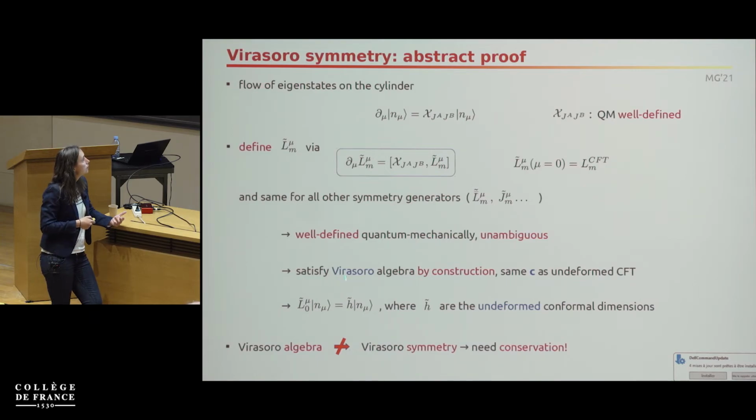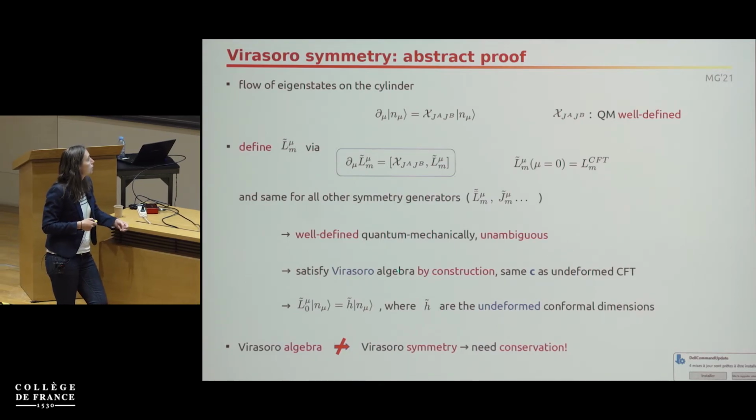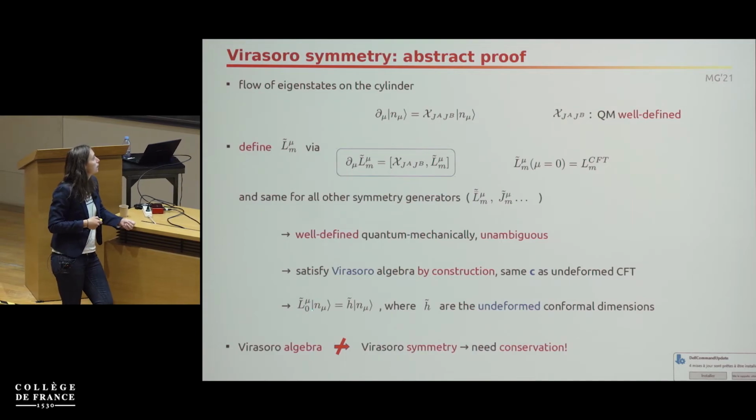These L tildes also satisfy the Virasoro algebra by construction, because if I start flowing the Virasoro algebra, it's a linear flow. The central charge will be identical to that of the undeformed CFT, just by the flow equation. Another property is that the eigenvalue of L0 tilde in the deformed theory equals the original.